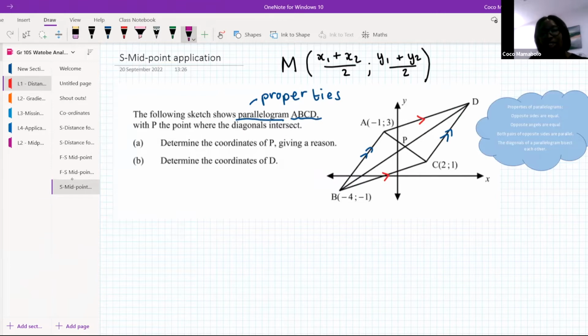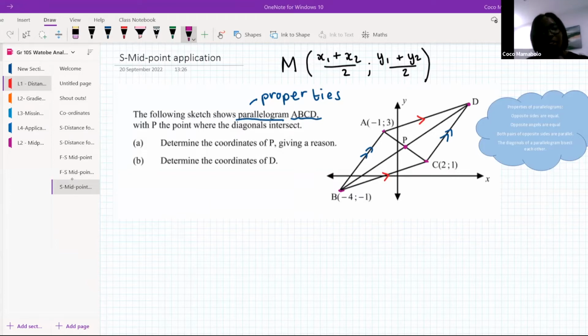The diagonals, so AC and BD bisect, and they meet right here at P. So what do we know about P, guys? What is P going to be in this instance? Yes, excellent. It's the midpoint.